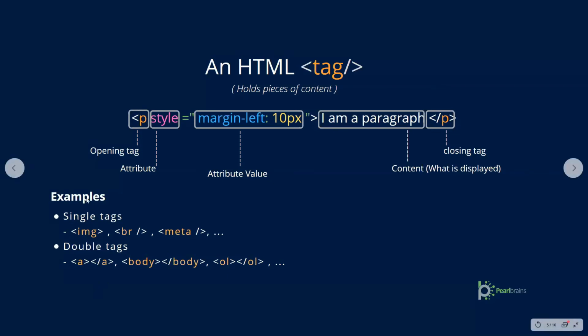So in my examples down here, I have single tags. A single tag is a tag that has only the opening tag and doesn't need a closing tag. Why? Because it doesn't have content in between the opening and the closing tag. Yeah.